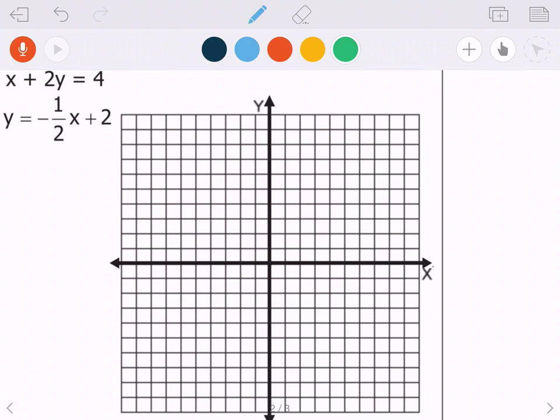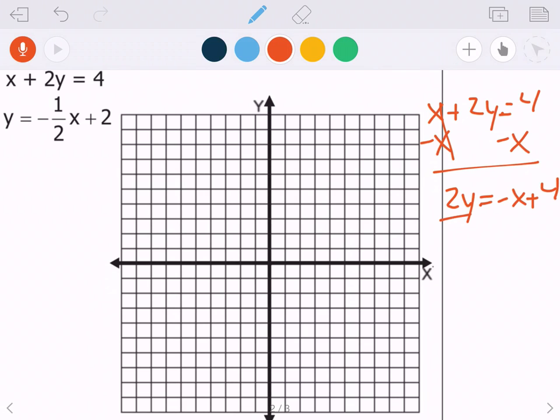Moving on to the next problem. The second equation is in slope-intercept form already for us. The first one, however, is not, so I'm just going to convert that over on the side. Again, we're trying to get y by itself.